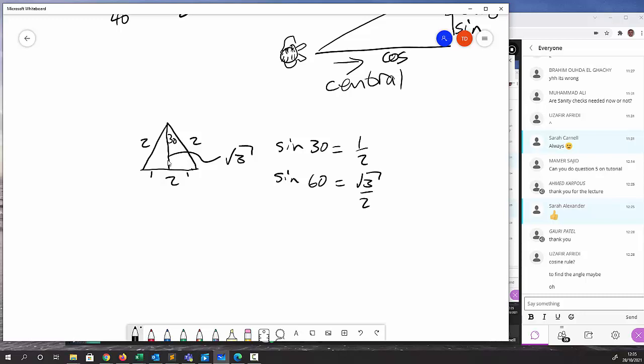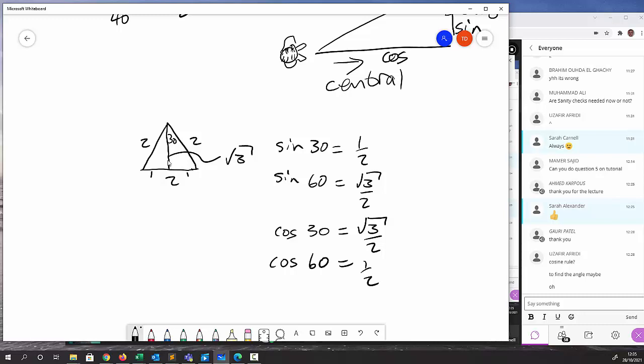And I can also say that cos of 30 is root 3 over 2. Cos of 60 is equal to, so here's 60, it's 1 over 2. And obviously I can do tan of 30 or 60 in exactly the same way.